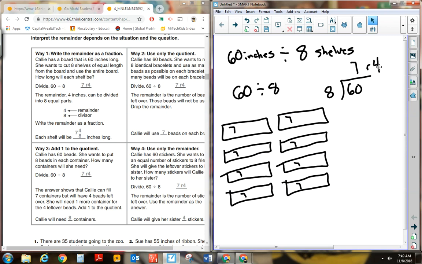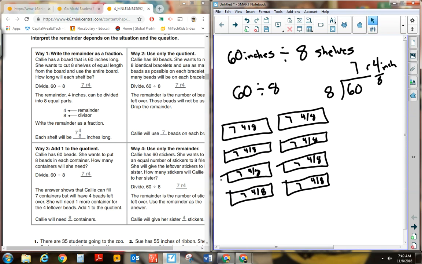Well, this 4 means 4/8 of an inch. So if we do 4/8 in each one here, we will get a total of 60 inches. So each shelf is going to be 7 4/8 long.